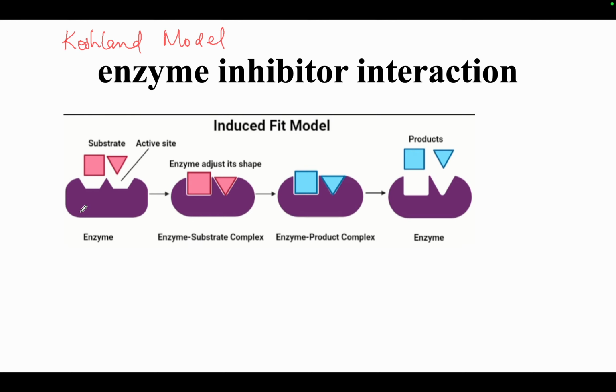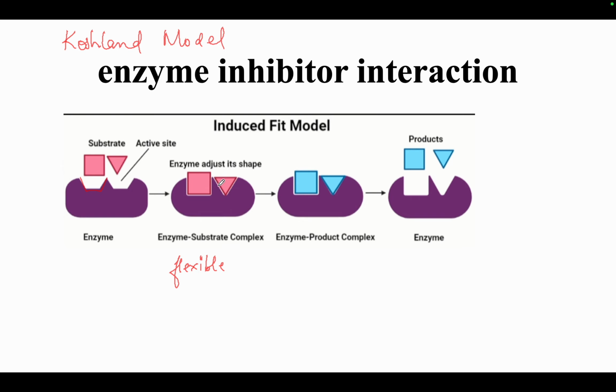In the induced fit model, as you can see, the enzyme is not actually complementing the substrate, but has a different shape as opposed to the substrate. Whenever there is a complex formation, it is flexible enough to adjust accordingly.